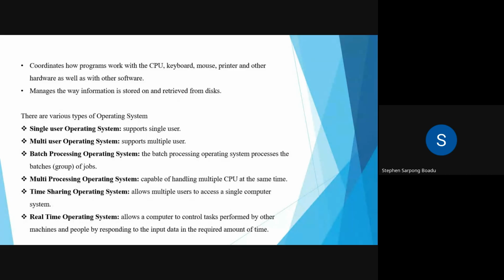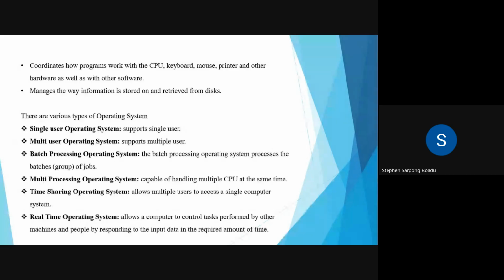It gives you a small time when you are using it, and then it gives another person also a small time, and another person also a small time. So it creates the illusion that you are all working together at the same time. That is how time-sharing works. It shares the time.